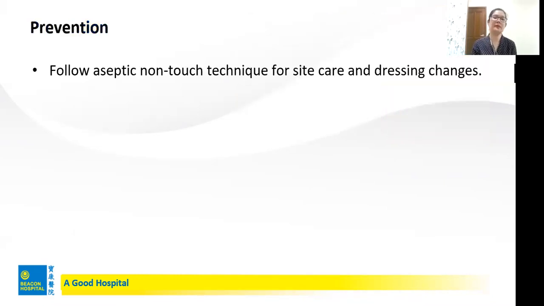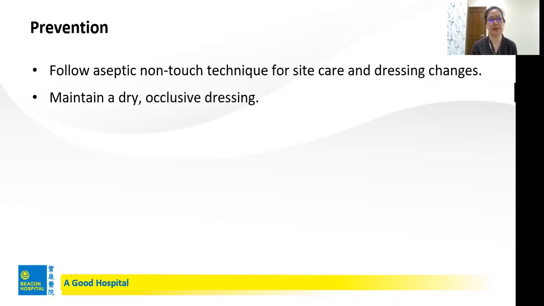How to prevent? Infection can always be prevented by your good aseptic technique and aseptic non-touch technique for site care and dressing changes. For the dressing, please use an occlusive or transparent dressing, so that you can monitor from time to time and maintain the dressing in good condition, well stuck and dry.